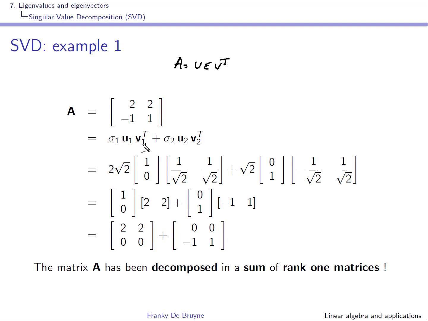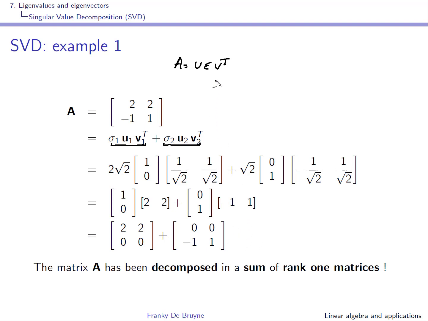So this is a rank 1 matrix. This is also a rank 1 matrix. If you do the calculation for this particular matrix, this is the decomposition that we obtain as a sum of rank 1 matrices, and we'll see later on how this can be useful.